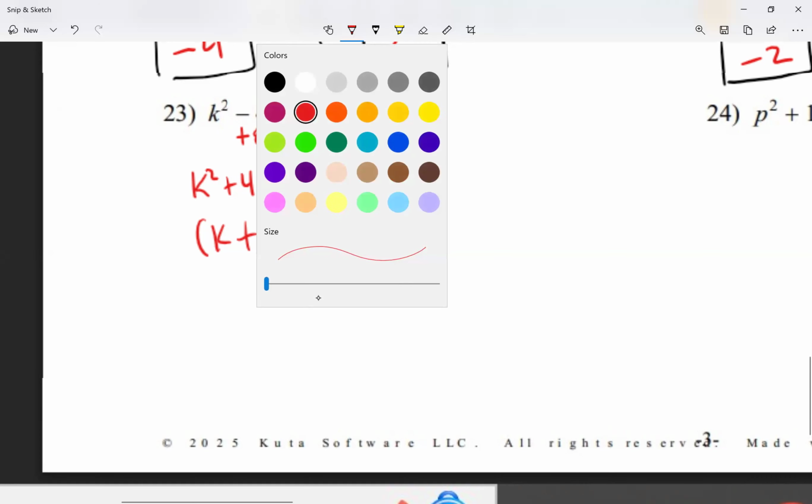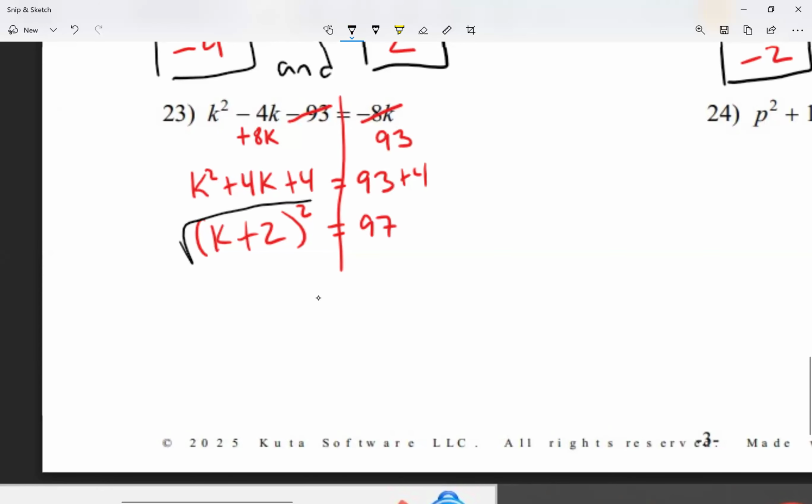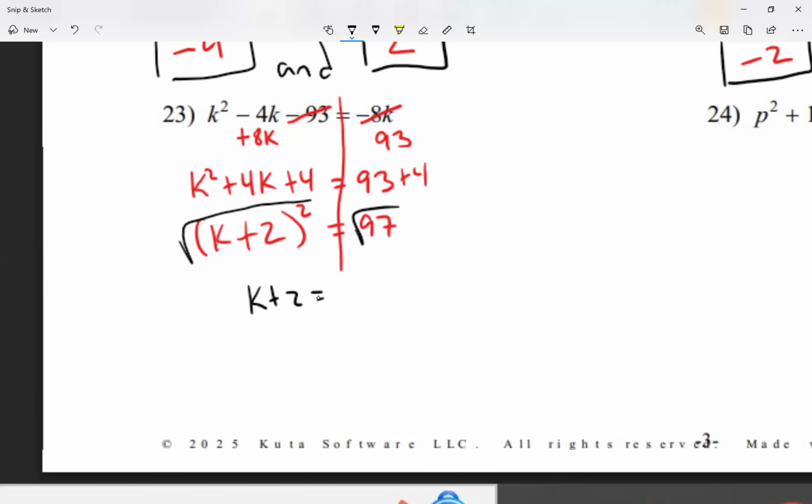And then I have to do the square root on both sides. On the left side, it's cool because I get k plus 2 easily. On the right side, I get positive or negative square root of 97. If you type it on a calculator, it might give you a decimal, but I'm not going to simplify. I'm going to keep it as radical 97.